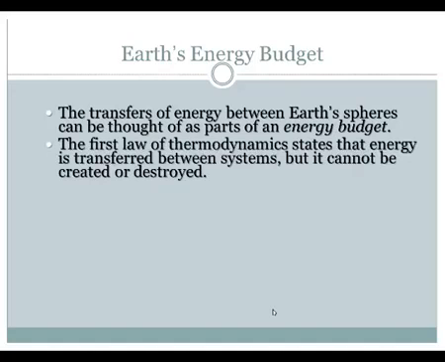The first law of thermodynamics states that energy is transferred between systems, but it cannot be created or destroyed. We've seen this before. For example, when we were in the chemistry unit and I was talking about how we can take paper and we can change its mass. We don't really change the mass of the paper because the paper basically becomes less organized.